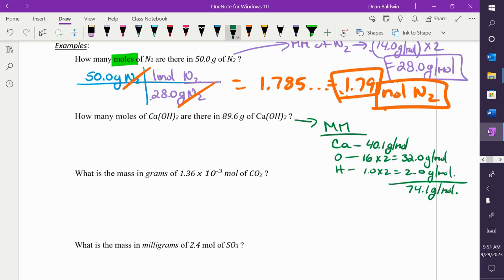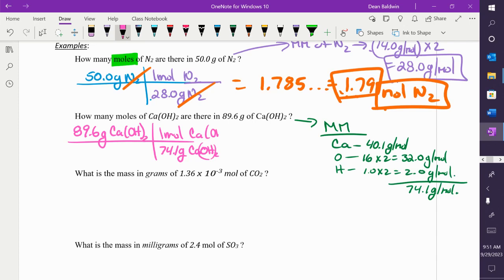So we have 89.6 grams of calcium hydroxide. And what do I want? Do I want grams in the bottom or the top? Bottom. So 74.1 grams of calcium hydroxide is 1 mole of calcium hydroxide.